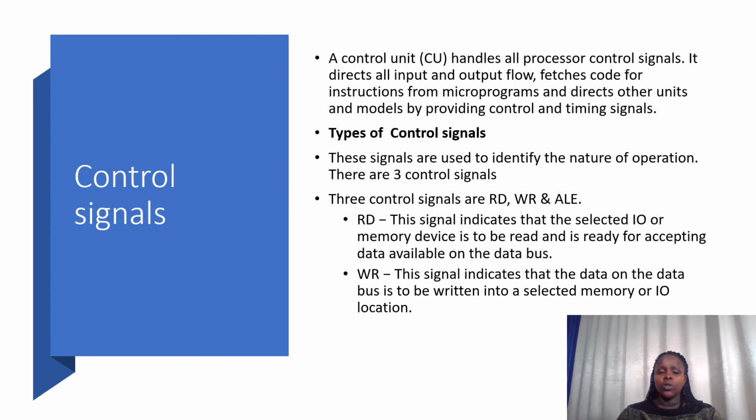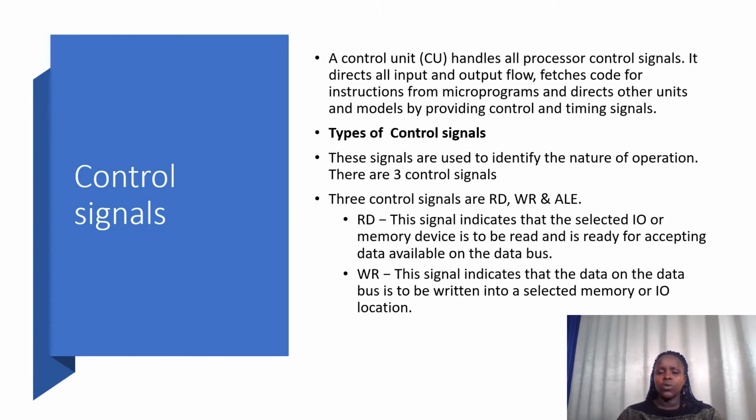With those control signals generated by the control unit, the control unit handles all processor control signals. It directs all input and output flow, fetches code for instructions from microprograms, and directs other units and models by providing control and timing signals.